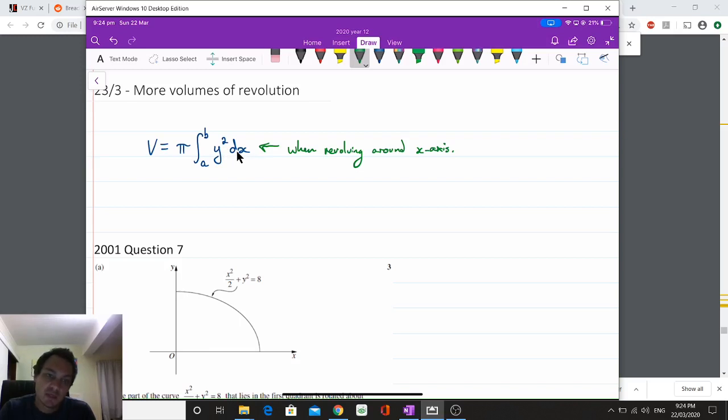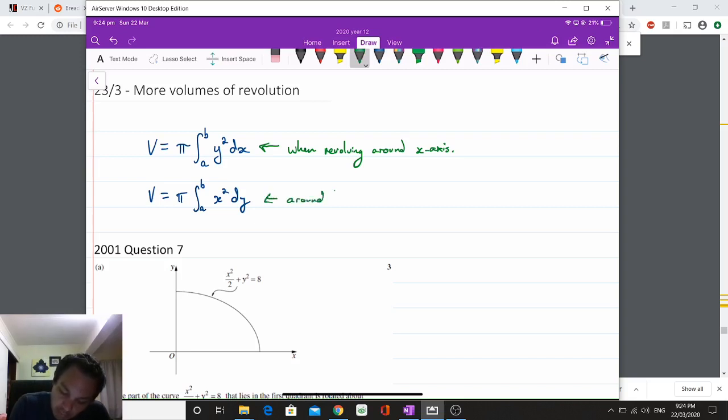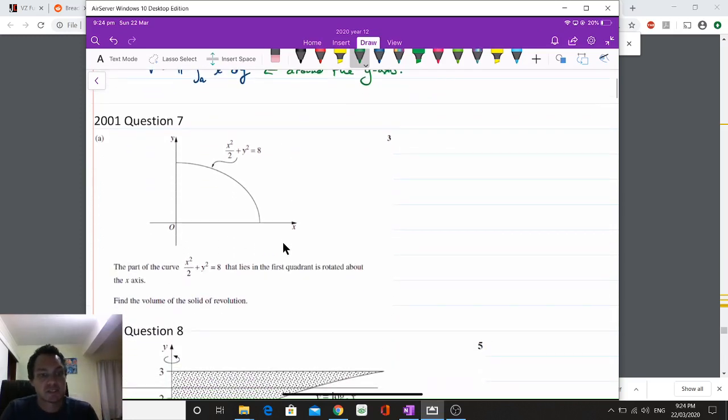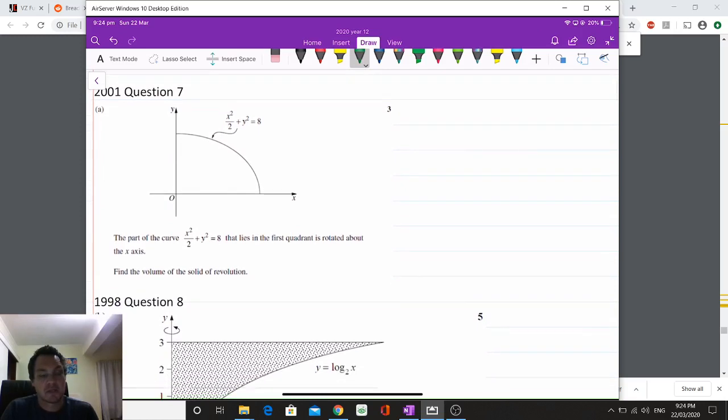And if we're using the second formula, we could use pi by the integral, we'll find what the bounds are, of x squared dy if we're revolving around the y-axis. Okay, so if we see this in practice, here is an example.